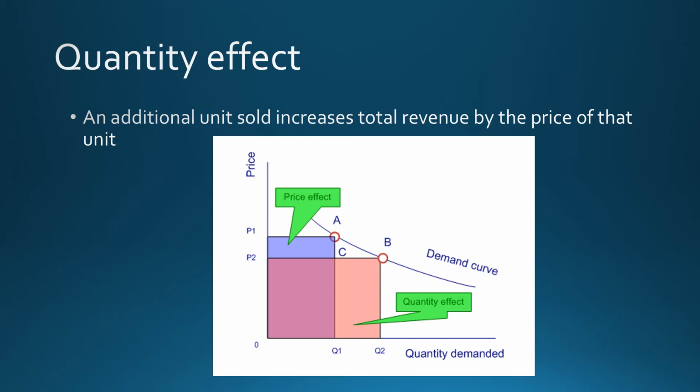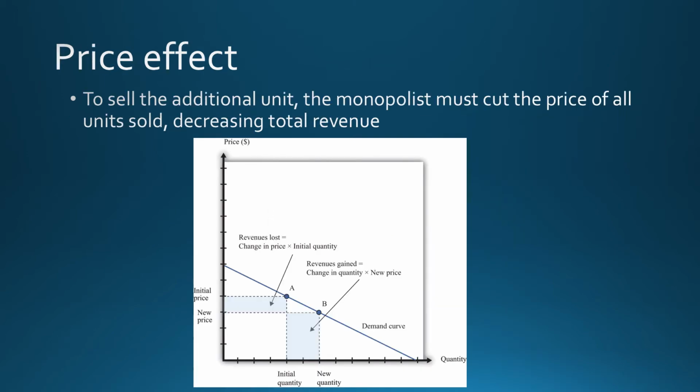But what about the price effect? The price effect says that to sell the additional unit, they must cut the price of all units sold, decreasing total revenue. So we have two things in play that have opposite effects. The price effect is the shaded box on the upper left-hand side, from point A moving left to where it says initial price and new price.